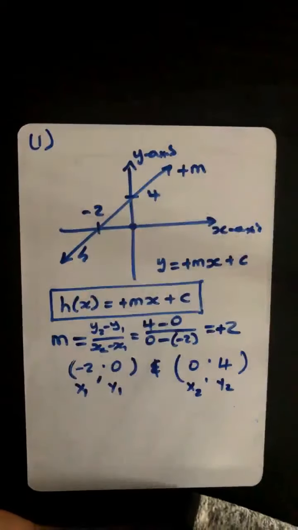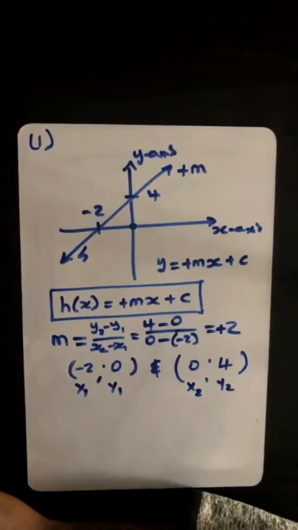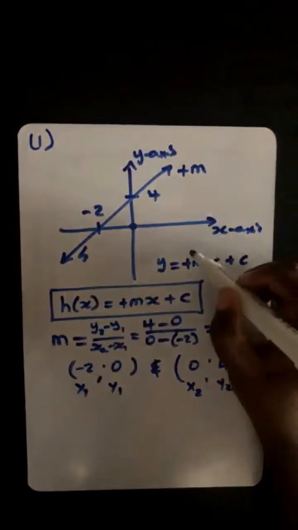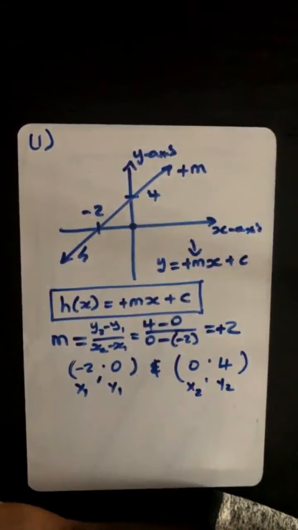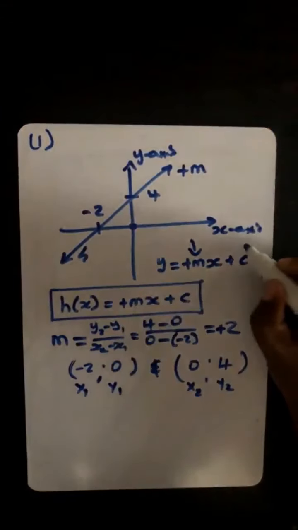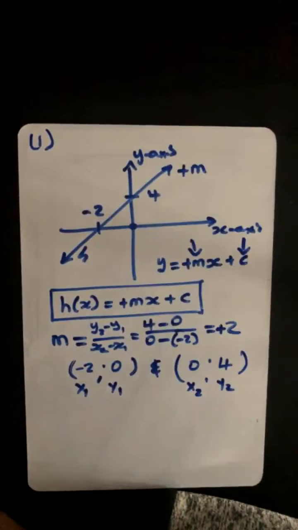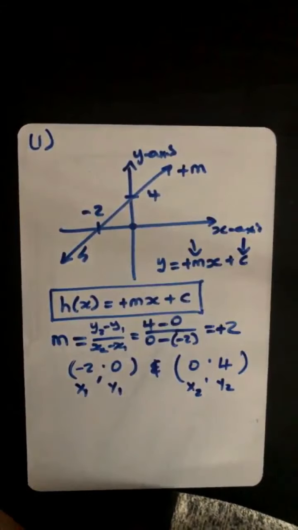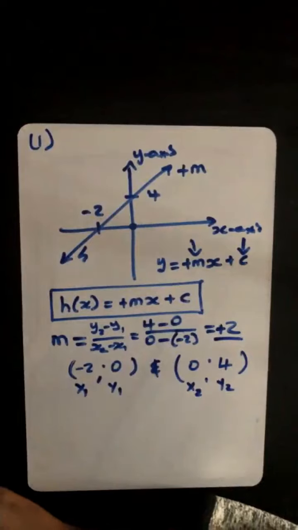That is the reason why I was asking if we are going to have a negative or a positive gradient, and also the reason why I was asking if we are going to have a positive or a negative c value. The moment you say you are having a negative gradient, then you know somewhere, somehow you made a mistake.